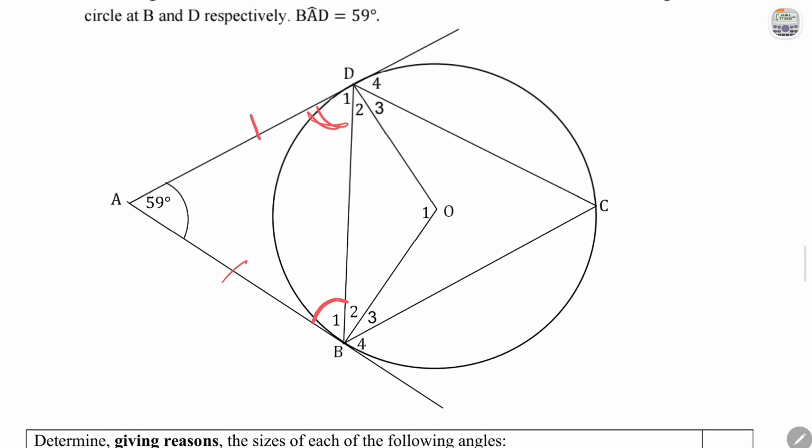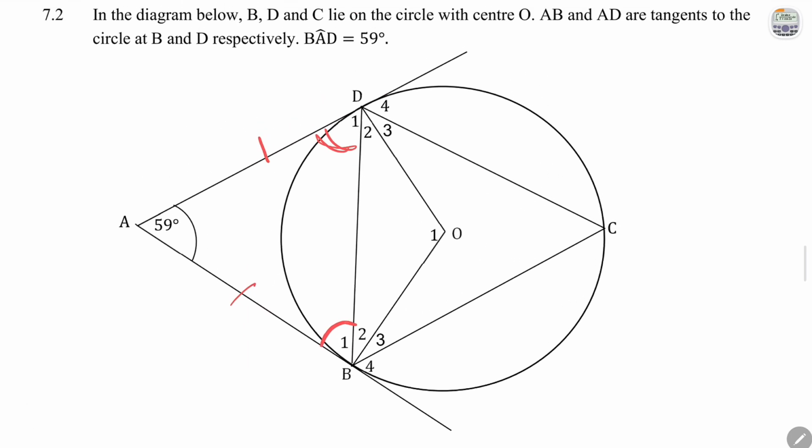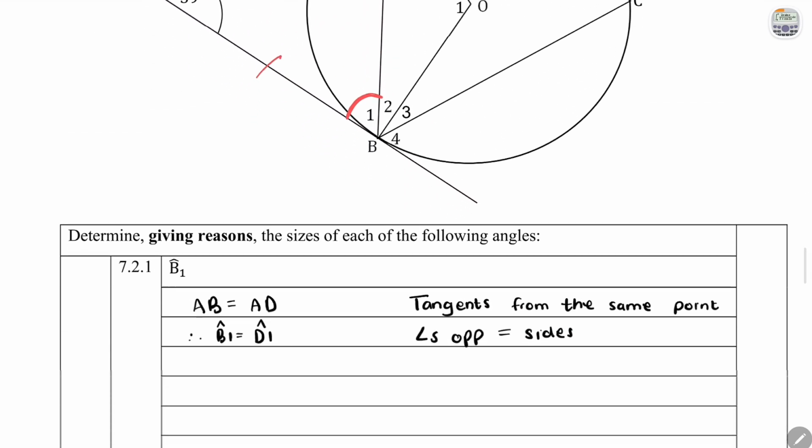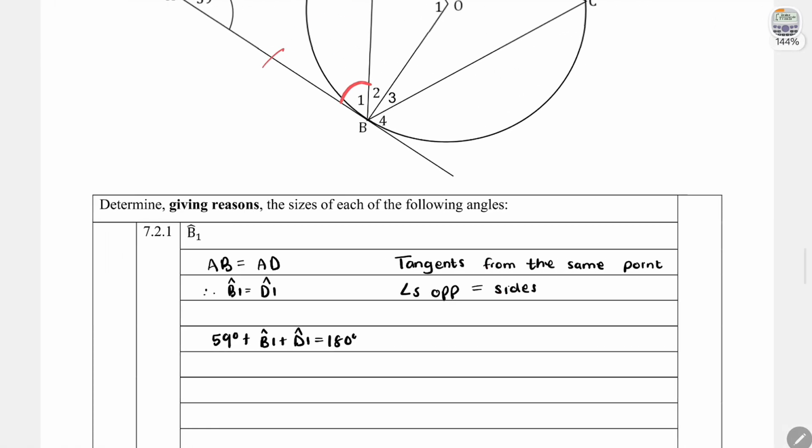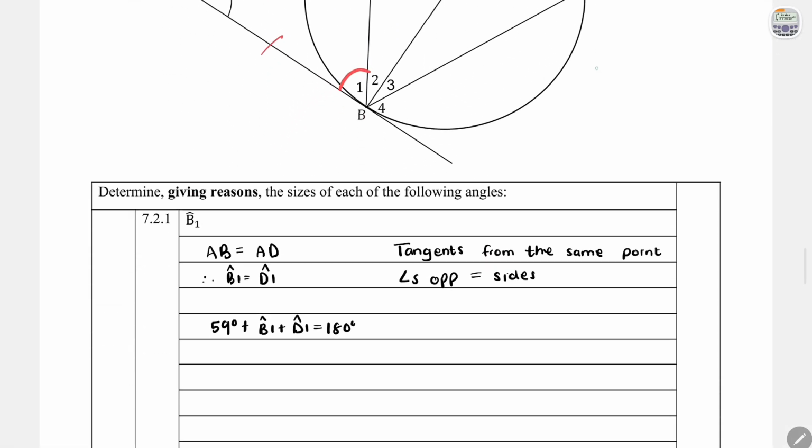Okay, and so now that we know they are equal, let's go ahead and use the sum of the angles in a triangle, seeing that these two are exactly the same. So we can go ahead and tell them that angle A, which is 59 degrees, plus angle B1 plus angle D1, add up to 180 degrees because they're the angles in a triangle.